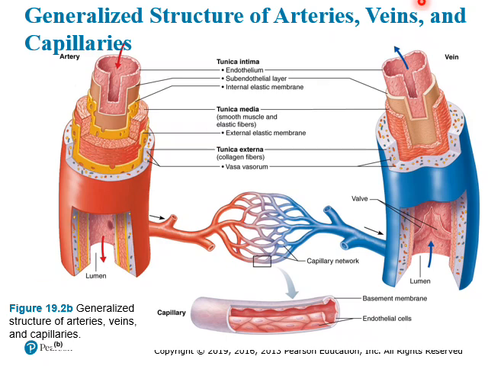All vessels consist of a lumen. This is the lumen, the central blood containing space surrounded by a wall. The walls of all vessels except the capillaries have three layers or tunics.